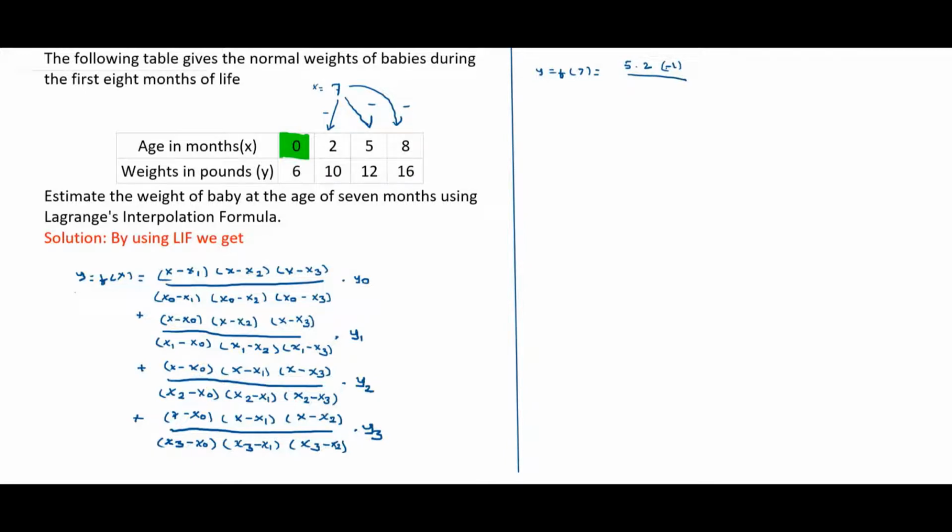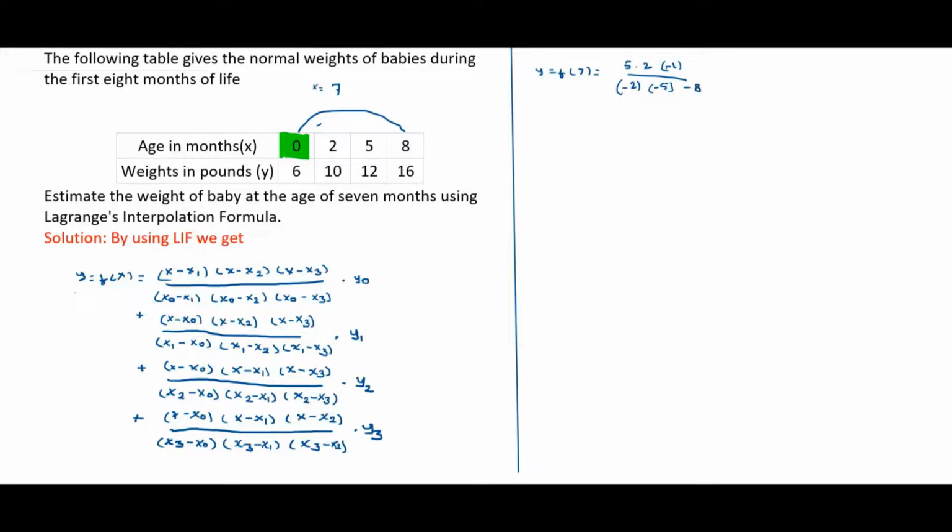Divided by x0 value. X0 value is equal to 0. So this 0 minus 2 is equal to minus 2, into 0 minus 5, which is minus 5, into 0 minus 8, which is equal to minus 8.